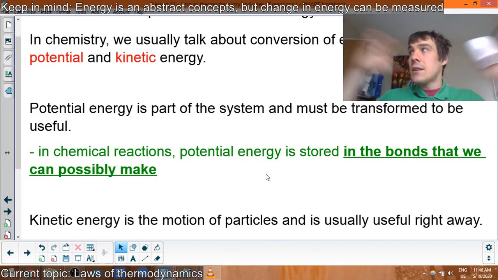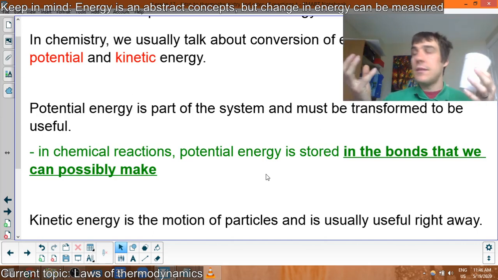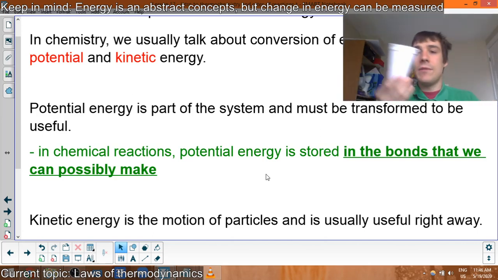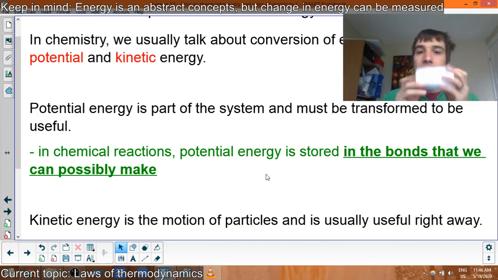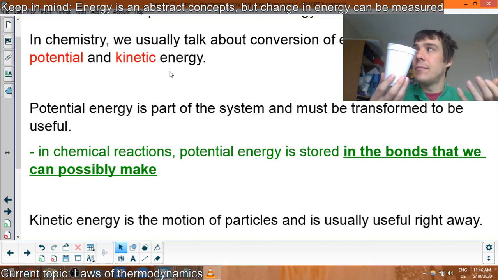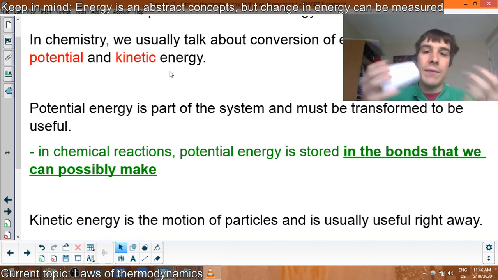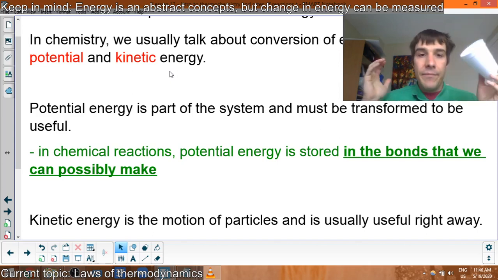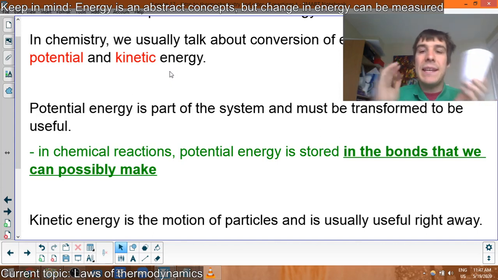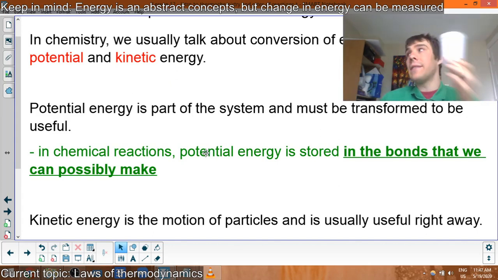There's oxygen in the air. If I combine that styrofoam with the oxygen in the air, I'm going to release kinetic energy. But I'm not doing it right now because the oxygen's not hitting hard enough. There are no effective collisions. But the energy is there. It's potential. There is potential to make energy because I've got the oxygen.